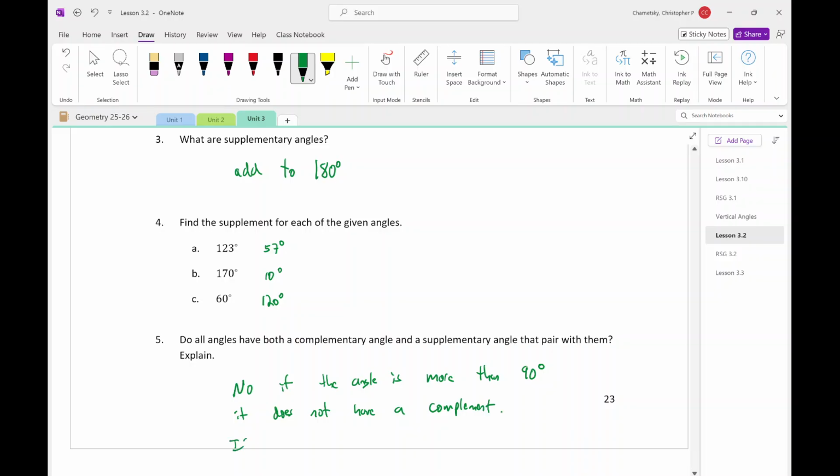And if it is more than 180 degrees, it does not have a supplement.